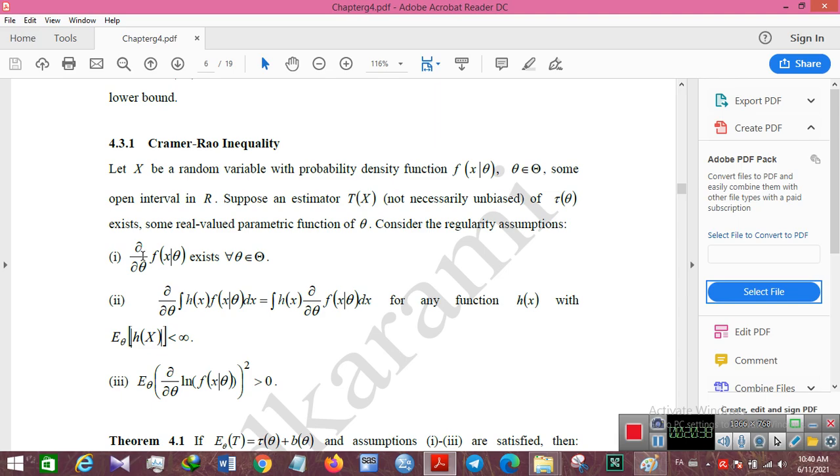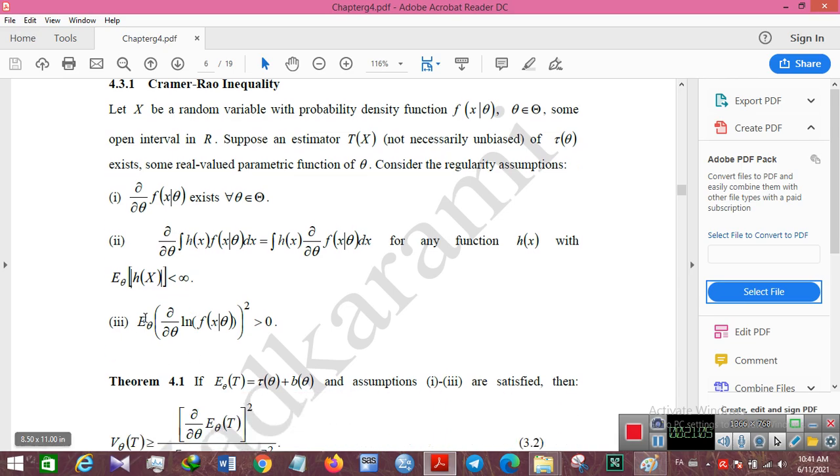First, the derivative of f with respect to theta exists, and the derivative of the integral of h(x) f(x, theta) is equal to the integral of h(x) times the derivative of f, which means we can put the derivative inside the integral. And the third condition is that the expectation of the square of the derivative of ln f(X, theta) with respect to theta is finite.